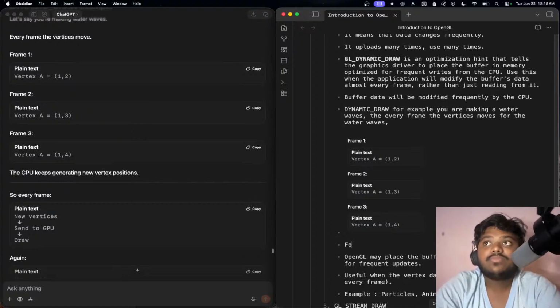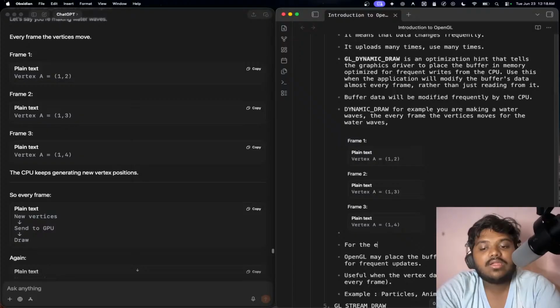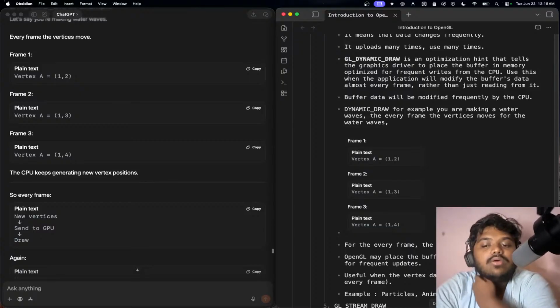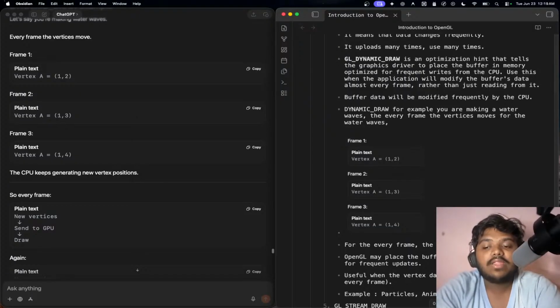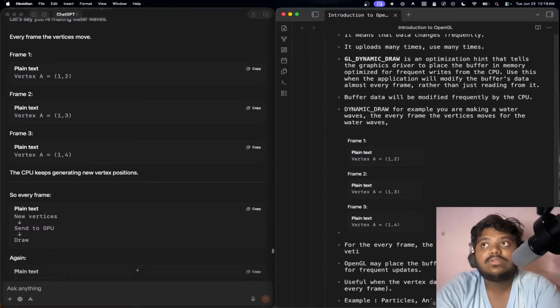So for every frame, the CPU has to upload the new vertices.